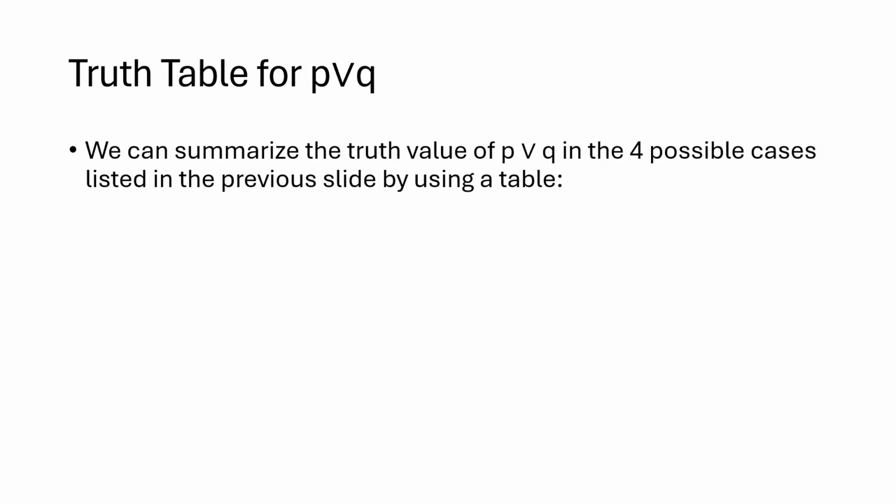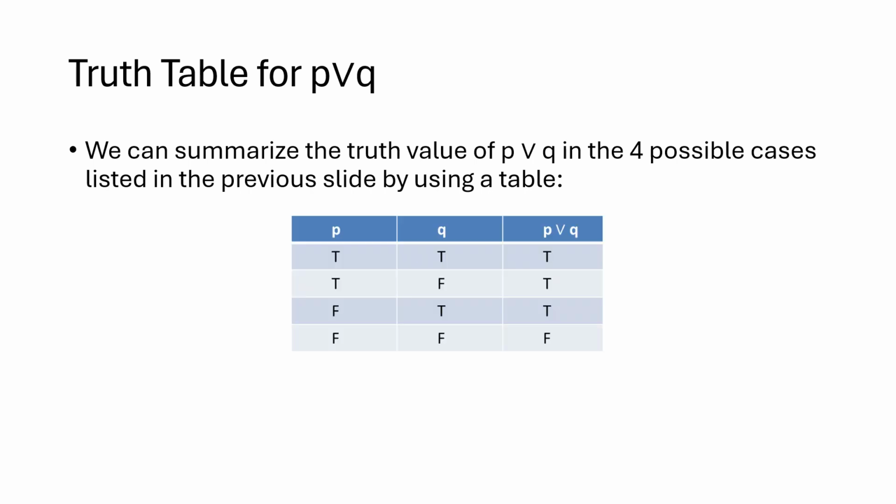And similarly, we are going to create a truth table for P and Q with 4 rows where each row represents one of those 4 possibilities. But as I said previously, the truth value of our compound proposition depends on the connective that we use. So here we are using the connective or, and that is going to have a different rule than and.